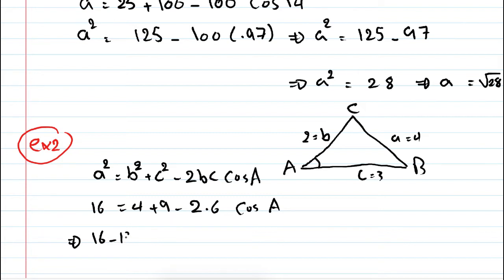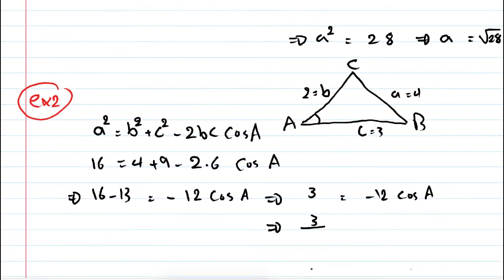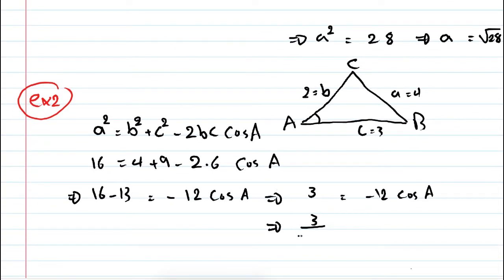It will be minus 13, equaling minus 2 times 6 is 12 cosine of A. So from this, 16 minus 13, I will have 3, okay, equaling minus 12 cosine of A. So from this, I have 3 over, so let's go down a little bit, minus 12 equaling cosine of A. And we have cosine of A equaling minus 1 over 4.